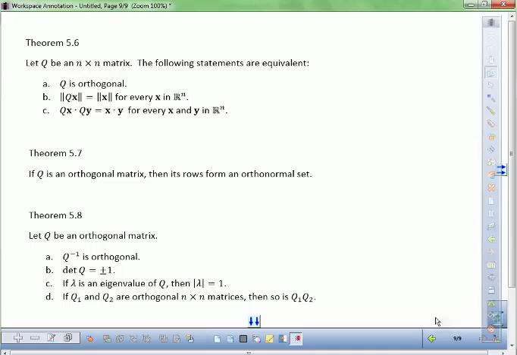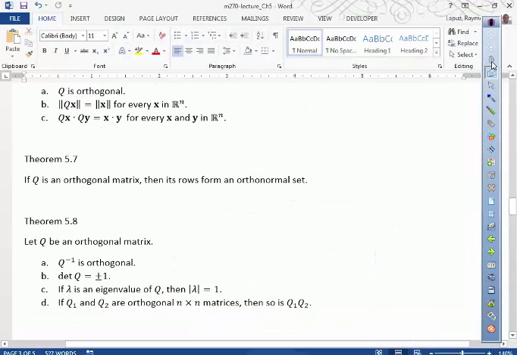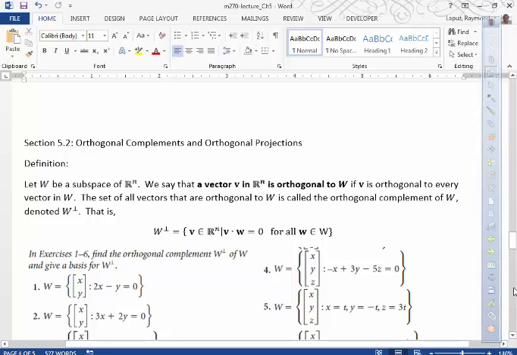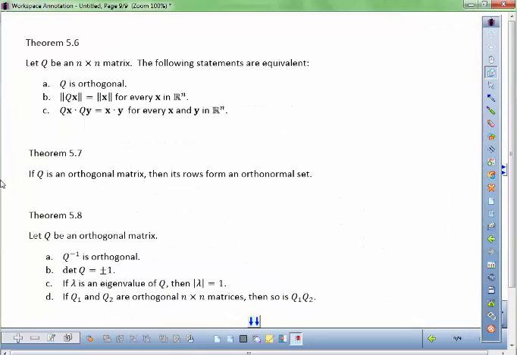That just means lambda is equal to plus or minus 1. That means all your eigenvalues are either positive or negative 1. So that's the absolute value of 1.